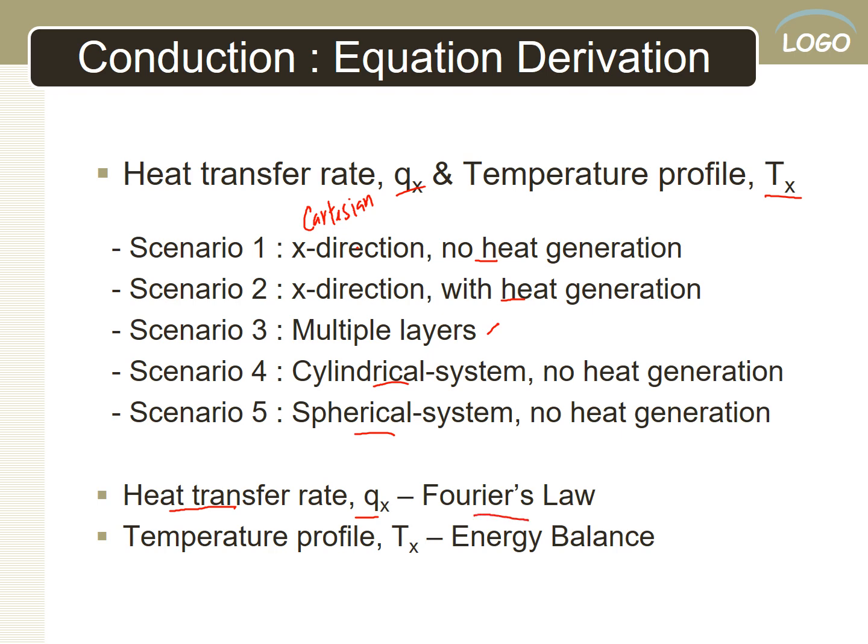I explained already in the last video on Fourier's law. Then in order to derive equation for temperature profile Tx, we always start from the energy balance equation, and this one I believe we have already learned in energy balance.